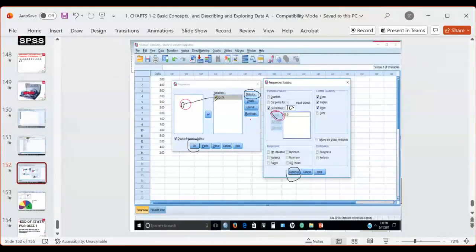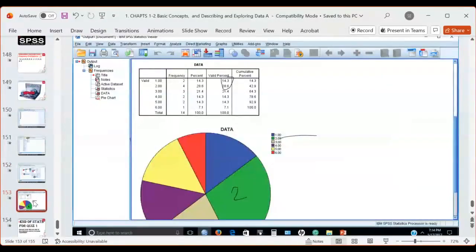If you click on charts, it gives you an option to select the chart, and you can select bar, histogram, or pie. That's all you have to do. Just click on charts, and then you see a list of different charts, and click on any of them that you want. I clicked on pie, and this is what I got.